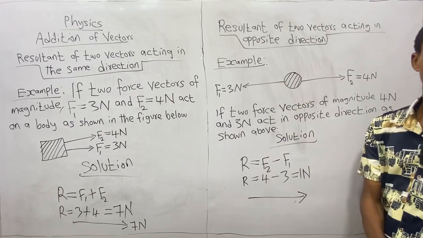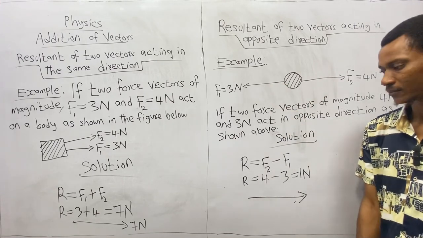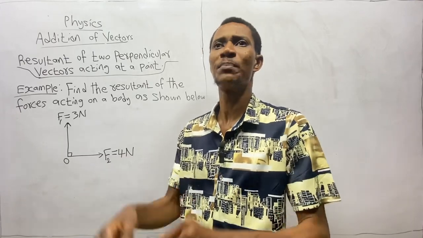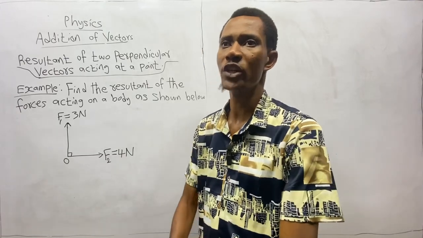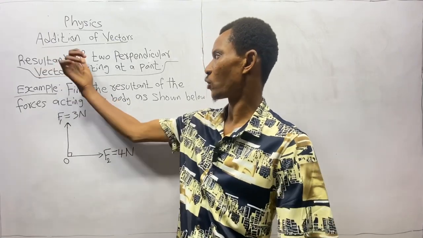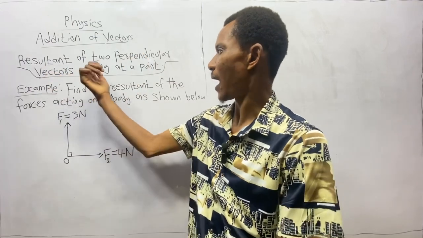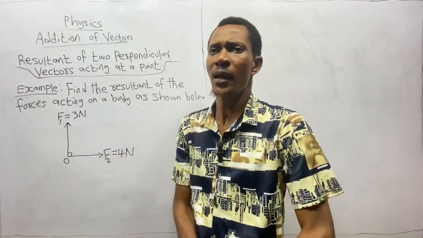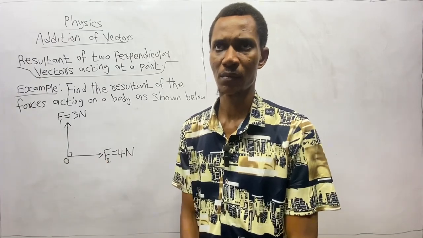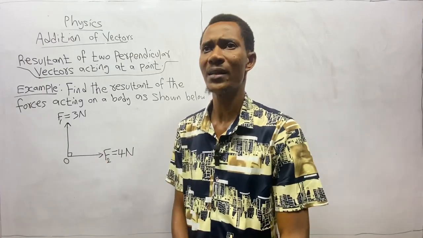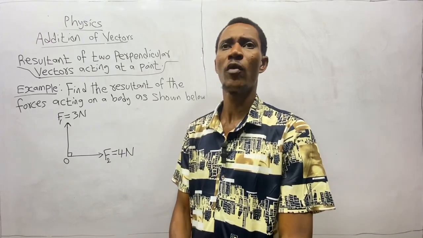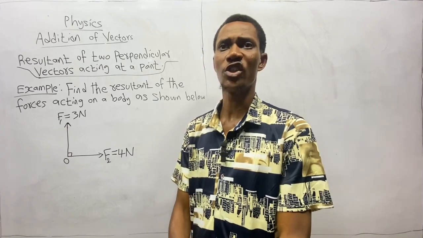Now let's find the resultant of two vectors acting perpendicularly to each other. As resultant of two perpendicular vectors acting at a point, the first question you should ask yourself is, what are perpendicular lines? Perpendicular lines are lines that form angle 90 with each other.